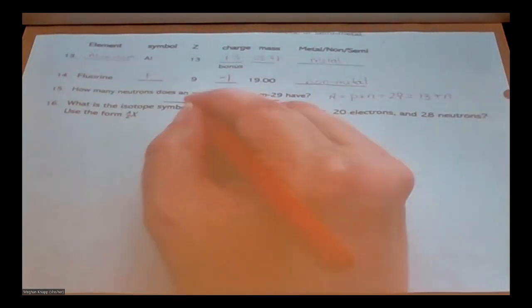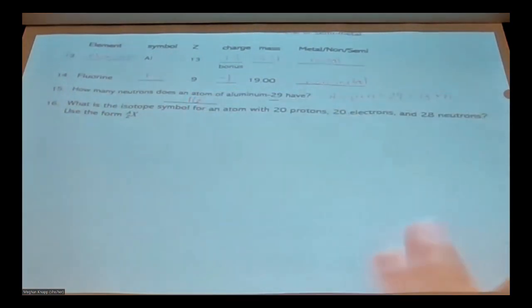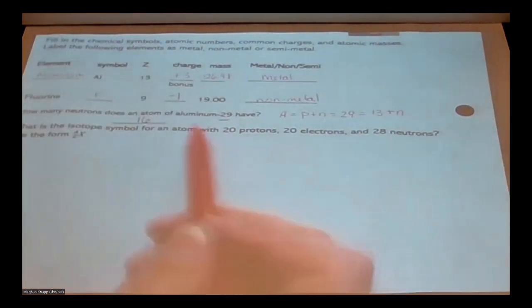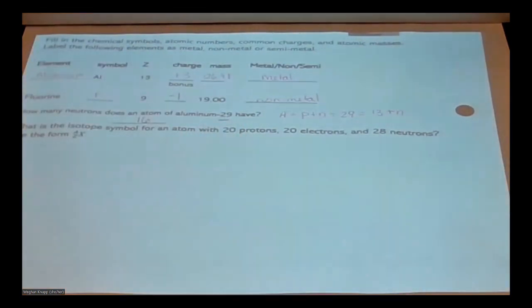So when I subtract that, I'm going to get 16. So I had a bunch of people that just looked at the mass on the periodic table and tried to figure it out from there. So remember that for an isotope, it's specific to that particular atom. We're not going to look at the periodic table. We're going to look at what's going on with that one atom. We're not rounding a mass. We're counting up protons and neutrons.